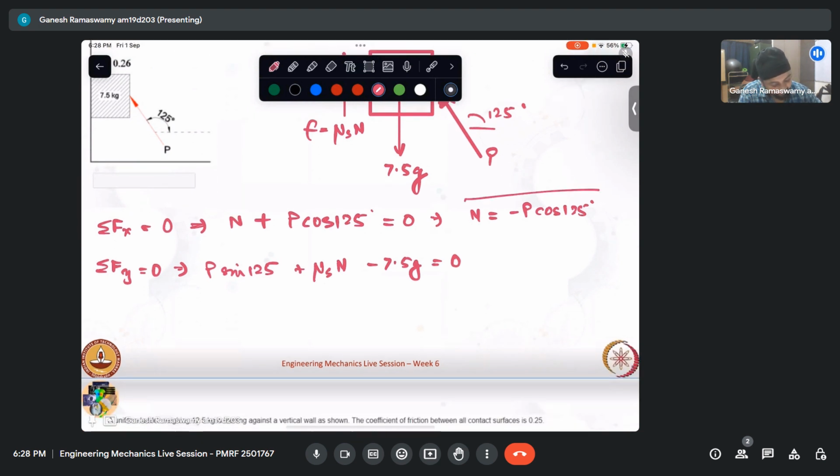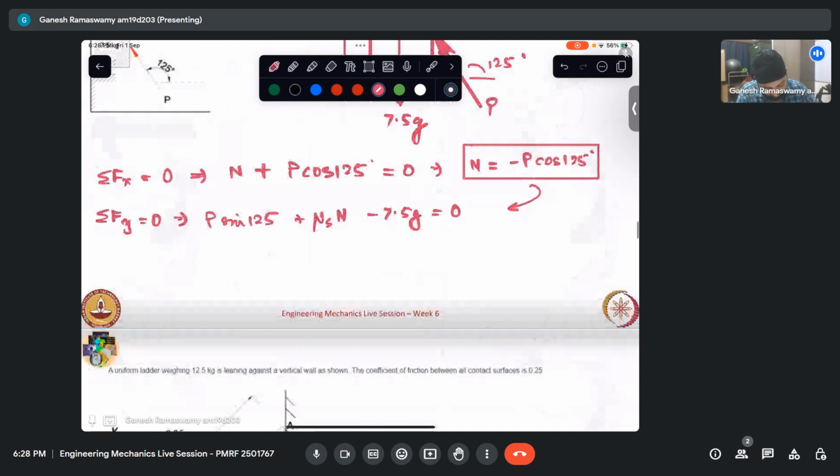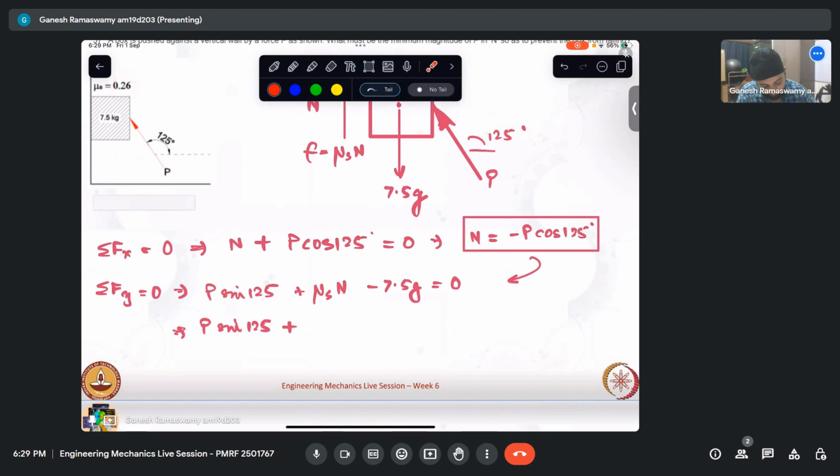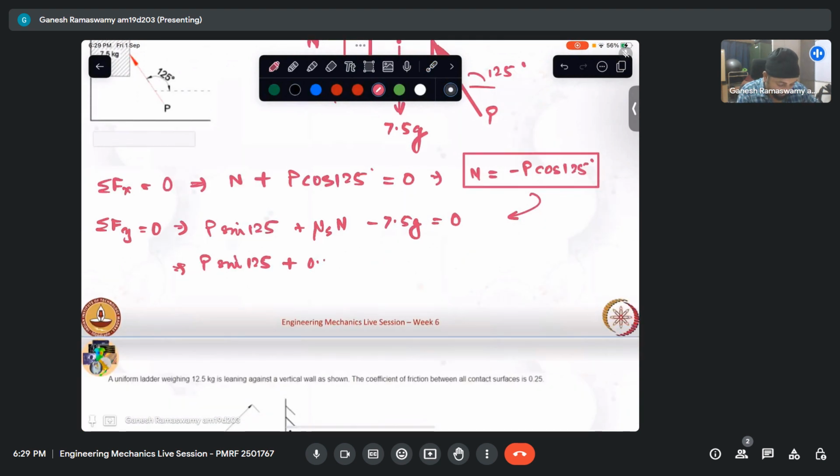And N I already have here, so I can substitute this into this equation. So we'll have P sine 125 plus mu s, which is 0.26 as given in the question, into minus P cos 125, equals 7.5 g.